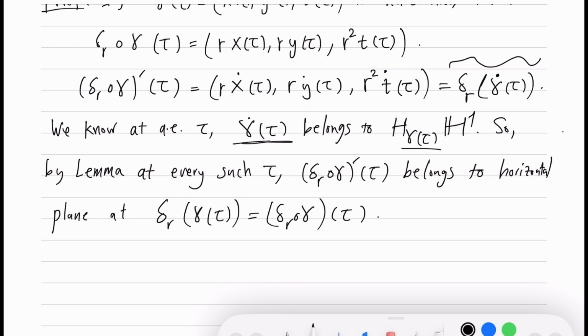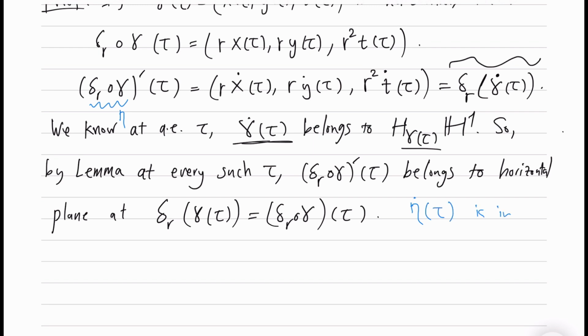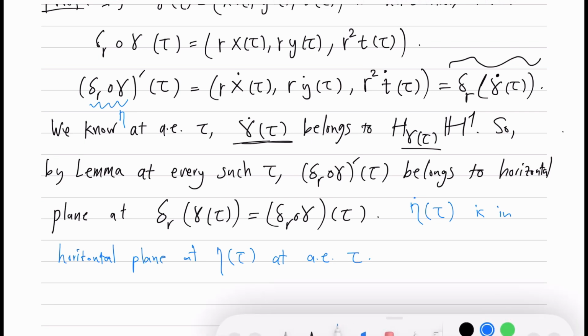So if we think of this composition, delta r composed with gamma, as eta, a new curve, we have shown that eta prime of tau is in the horizontal plane at eta of tau at almost every tau, which is exactly saying that the curve eta is horizontal.